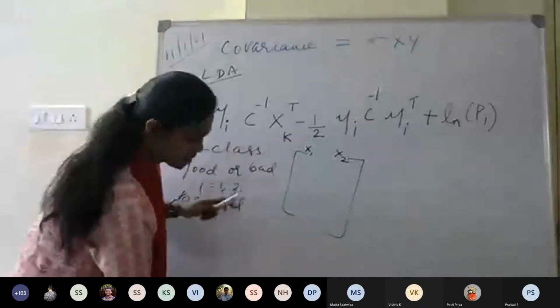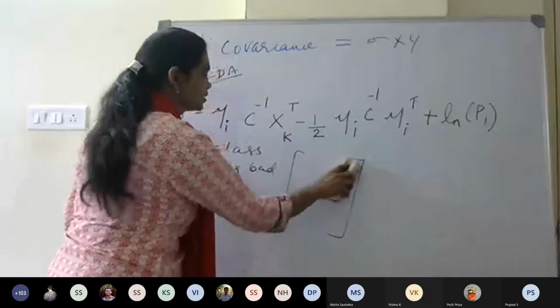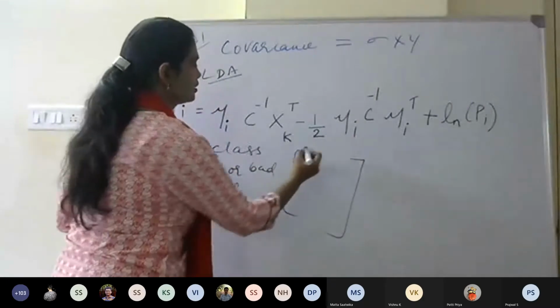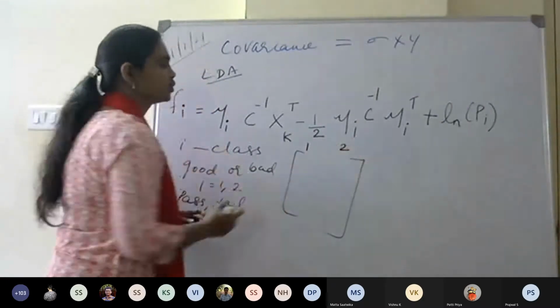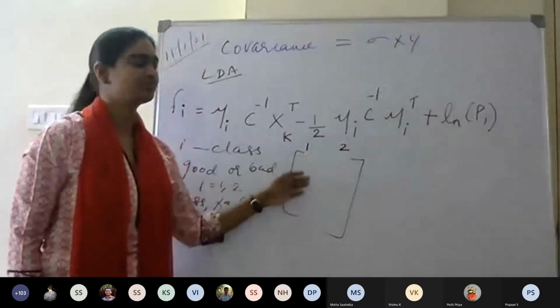Here also one x is coming. So I will write it as, say, feature 1, feature 2. Okay. Say radius and then some curvature of some bolt or whatever. That is the example that I'm going to use. So 2 features are there.